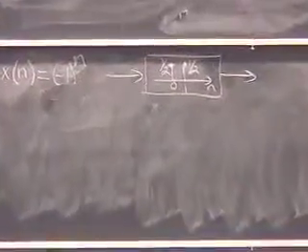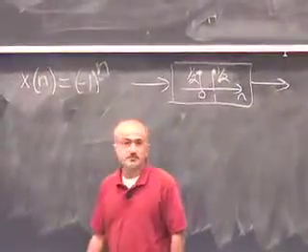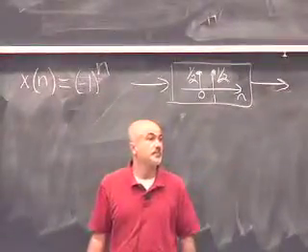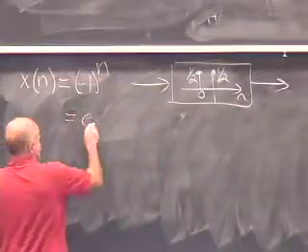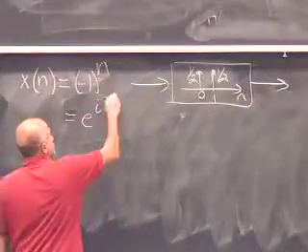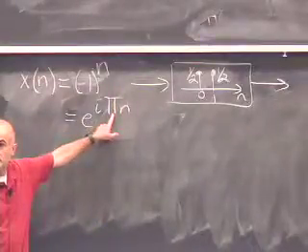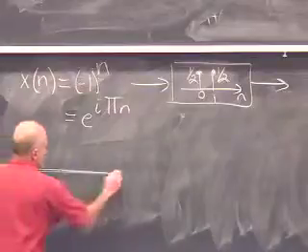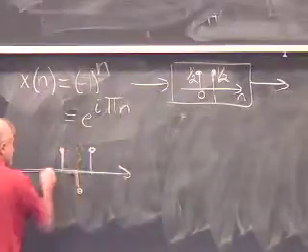Why? E to the I pi n, right? Minus 1 to the n. Notice minus 1 to the n is what? It's the signal that keeps flip-flopping.